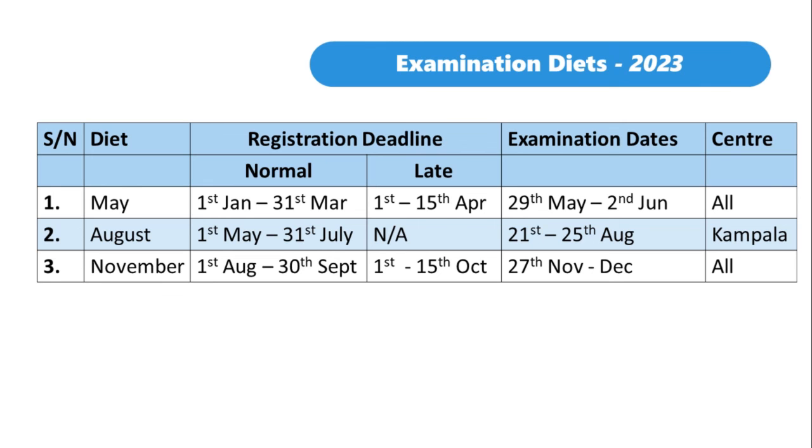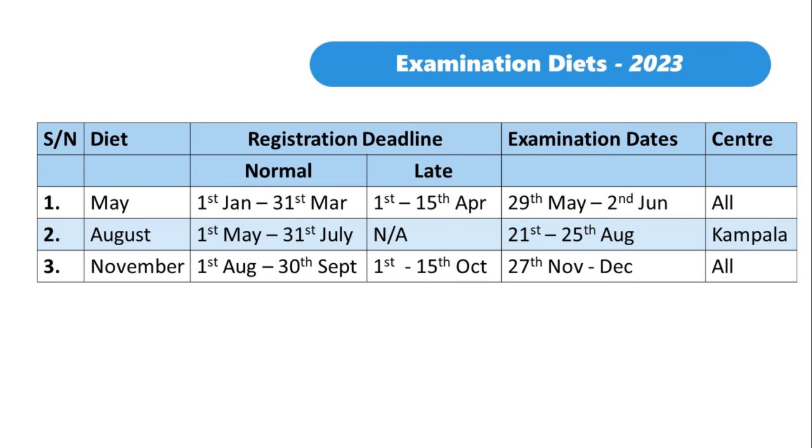Finally, we have the last examination diet this year, 2023, which is the November examination diet. Here we shall expect you to register between 1st of August to 30th of September, and then a late registration will only be for 15 days from the 1st to the 15th of October.